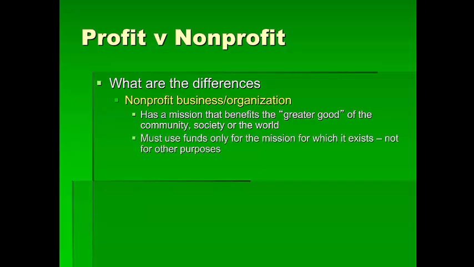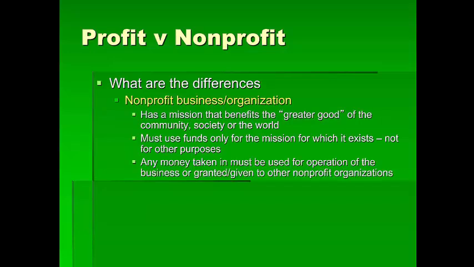And the money that they take in has to be used for that mission. It has to be related, directly or indirectly, to supporting that mission. So it can be used for the operation of the business, or it can also be used to support other nonprofit organizations. Let's say that you have a successful fundraising campaign and you have extra funds, that money can be put to use supporting other organizations that have a related mission.